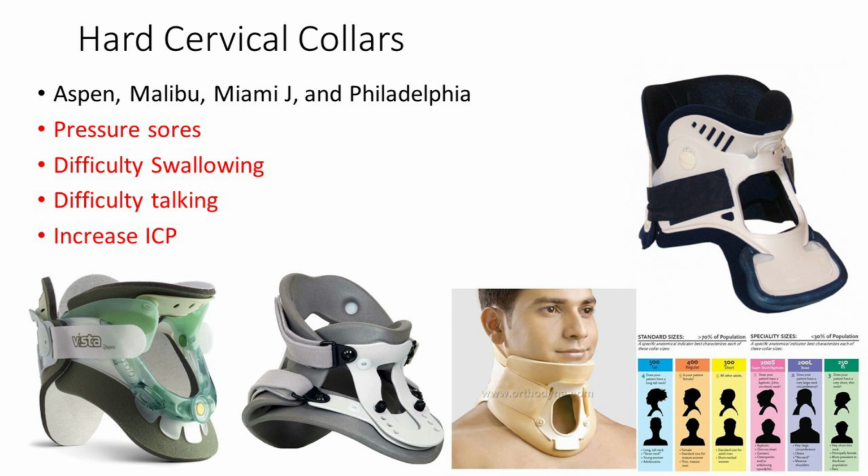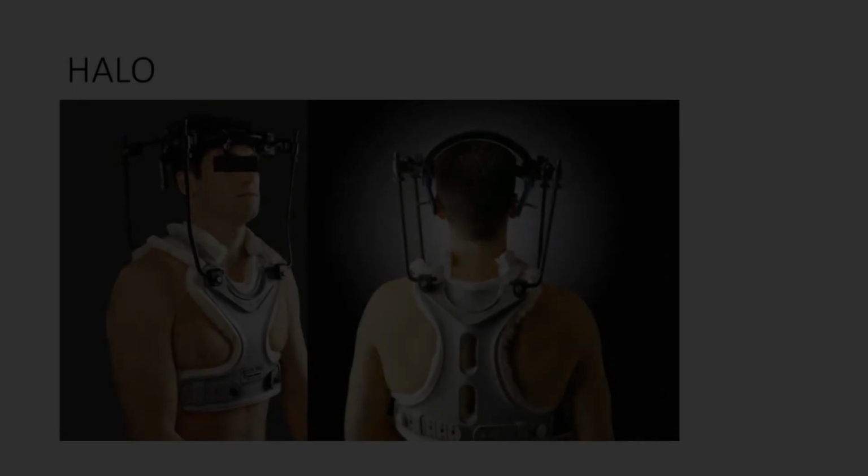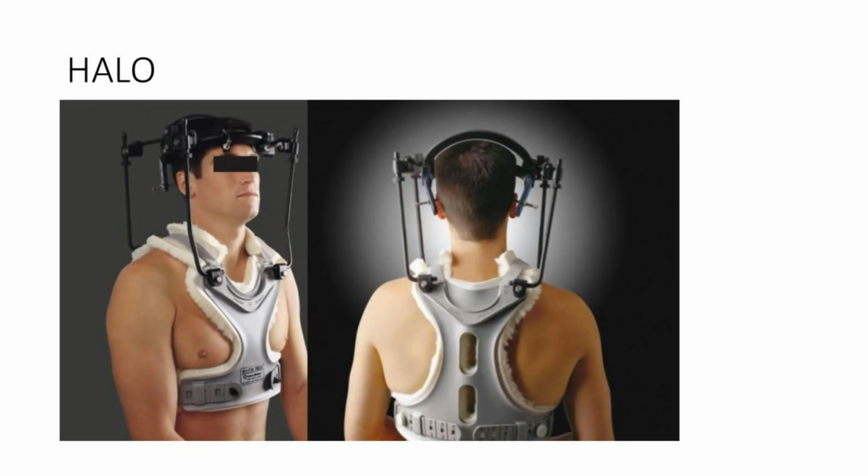It can give patients pressure sores, difficulty swallowing, talking, and don't forget the increase in ICP, particularly if there is a background of a head injury. There are also halo devices or halo jackets, where effectively you put on a pinned head frame, and then that is attached with 4 rods either side, and it provides an even higher degree of support.